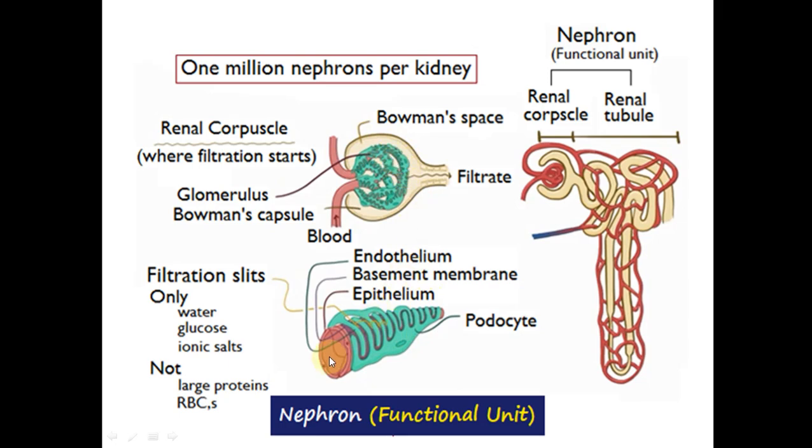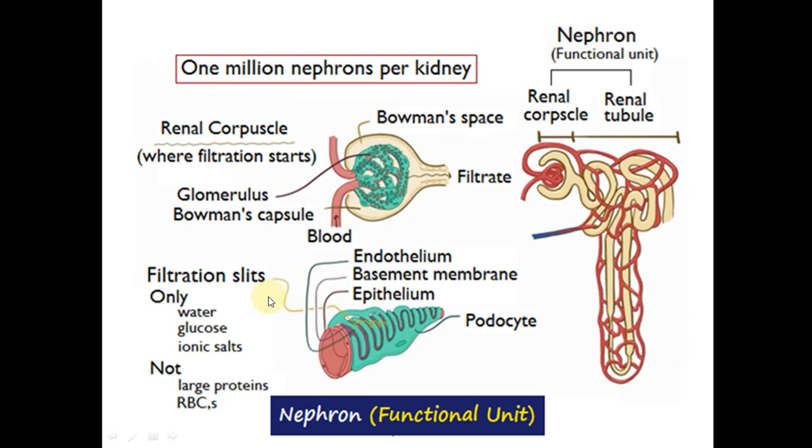by the basement membrane. The basement membrane of the glomerular capillary, known as the glomerular basement membrane or GBM, is very important, and the foot processes wrap the basement membrane, and in between the interdigitating foot processes there are small slits known as the filtration slits.